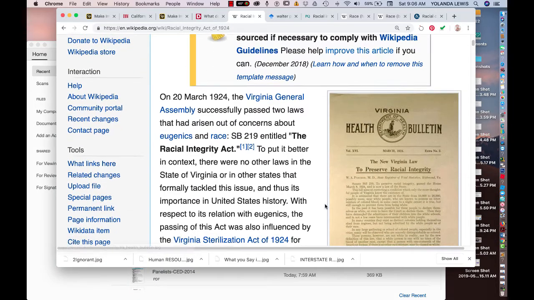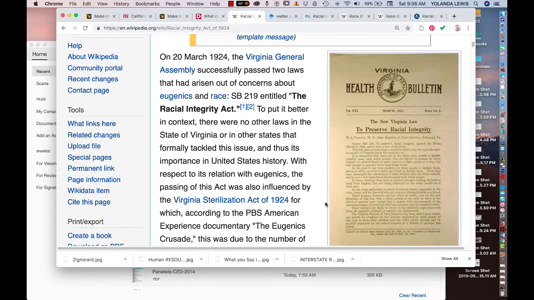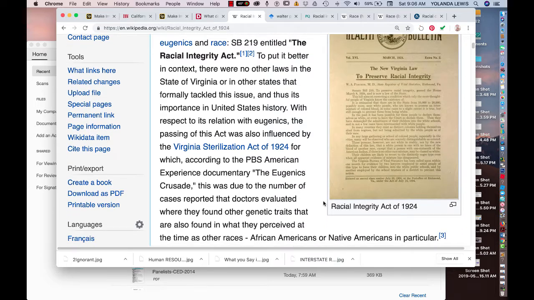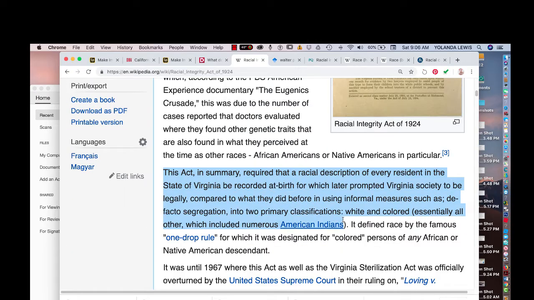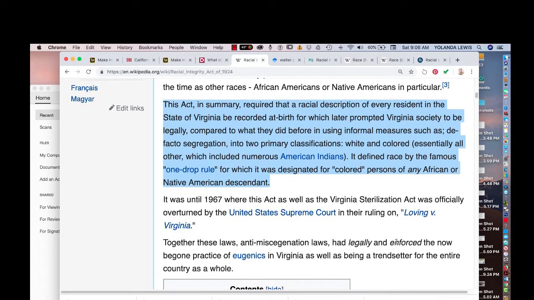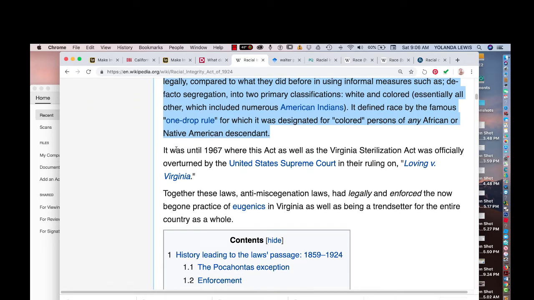Okay, I'm pulling it up now. Okay, so this is from the 1828 Noah Webster Online Dictionary of the English Language for taxonomy.